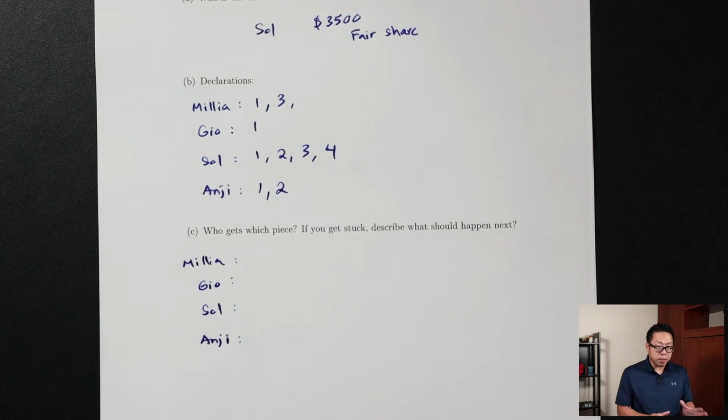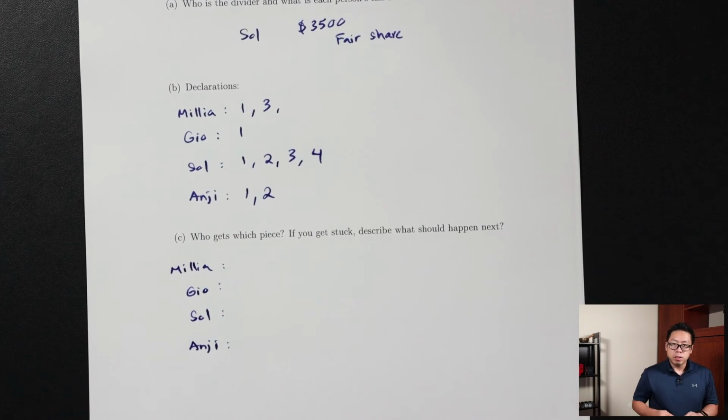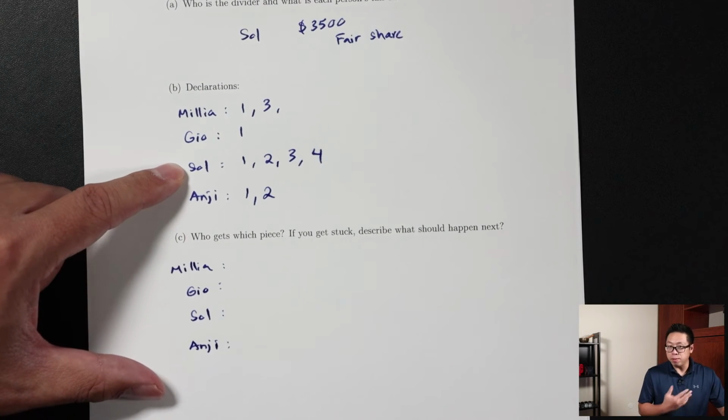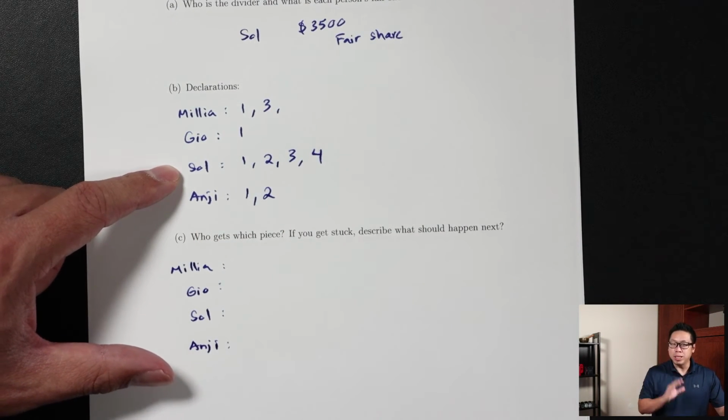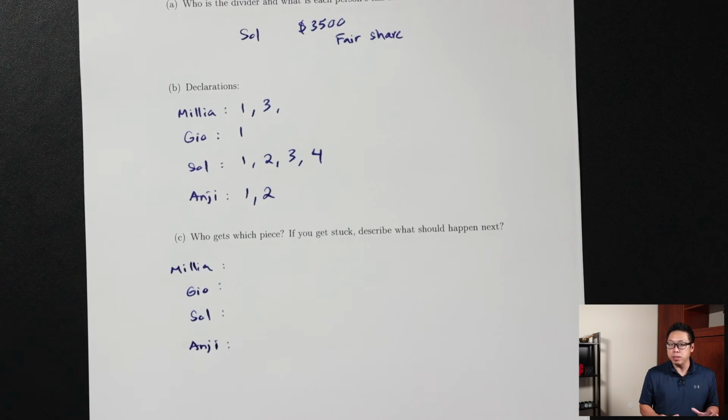Sometimes you get stuck, but sometimes you don't. So we're just going to try. My recommendation here is to deal with the divider, which was Sol, last. Because Sol, the divider, would accept any of the pieces, so he is the most flexible. We can deal with him last and just give him whatever piece is left.